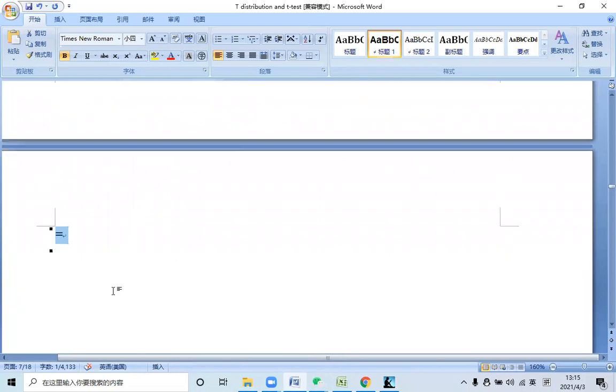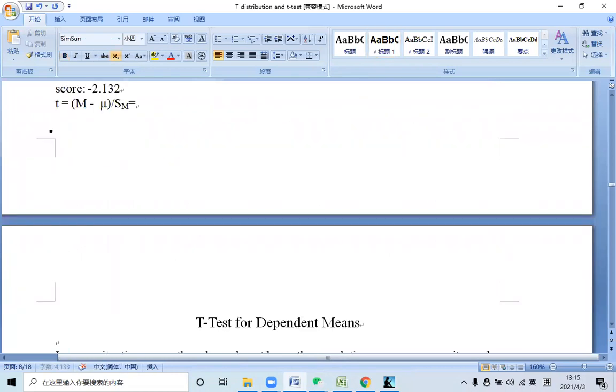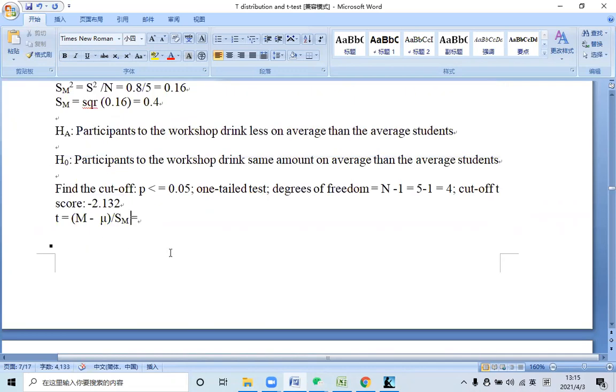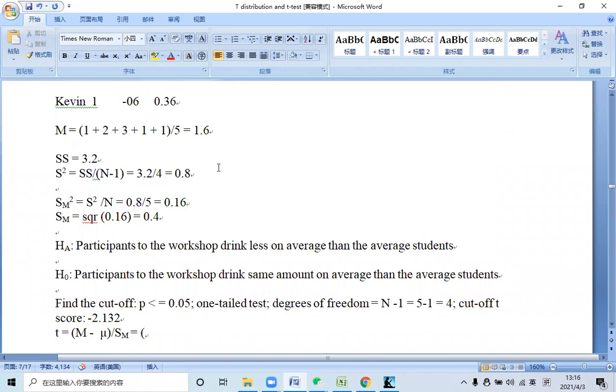The sample mean, these 5 people we measured, on average, how many beers will they have? 1.6.